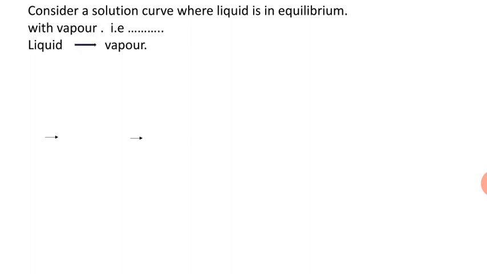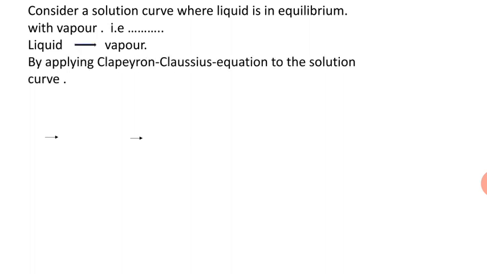Now applying the Clapeyron-Clausius equation to the solution curve: ln P2 by P1 is equal to delta Hv upon R into (1 upon T1 minus 1 upon T2). When the pressure is P, the temperature is T0.